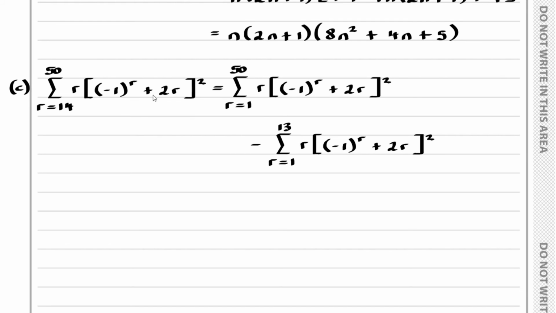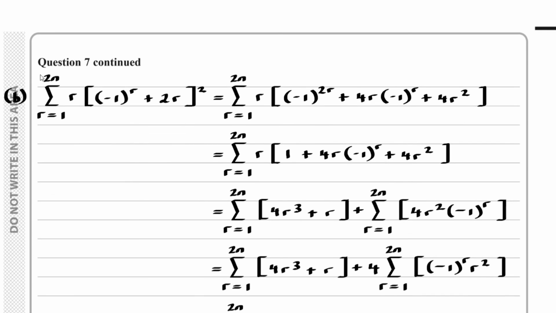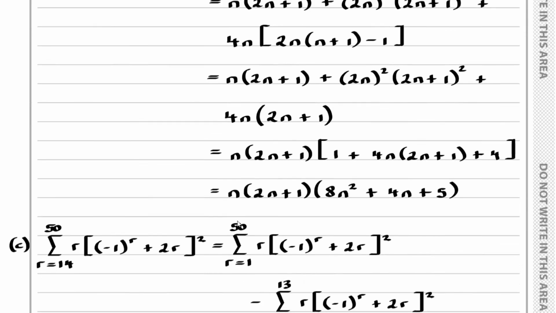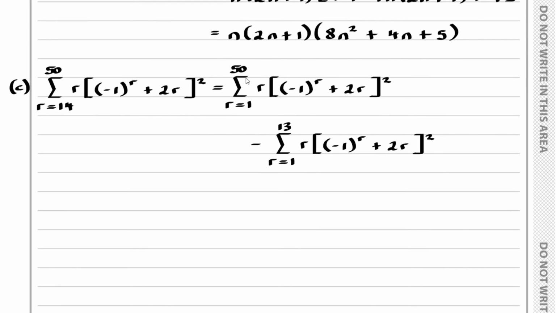Now the problem is, if we consider what we found in part B, here we have a 2n, meaning we have an even number, but here we've got an odd number. So the way we go about that is to subtract the 13th term and then subtract the sum of the first 12 terms. So we've got the sum from r equals 1 to r equals 50, that remains as it is.